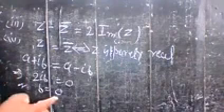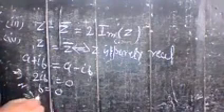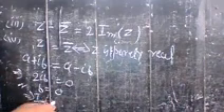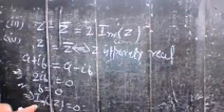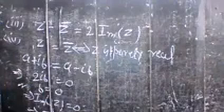Just write it for your understanding. Here you have the imaginary part of Z is 0, so this implies Z is purely real. You can write in this way.